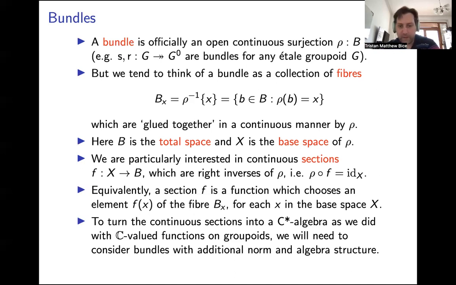However, as long as your bundle has enough additional structure, you will be able to again define convolution and sums and everything, and it'll have a norm, and this will again get you a general kind of C-star algebra. Starting from a Fell bundle, there will be a general construction to produce a corresponding Fell bundle C-star algebra, like the reduced and also the maximal, just like in the original case we looked at before. Our primary interest will again be the reduced one, though.